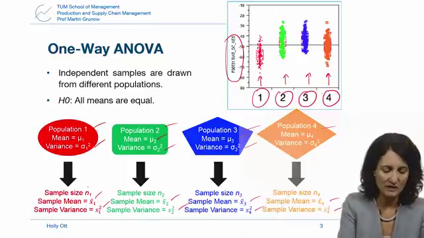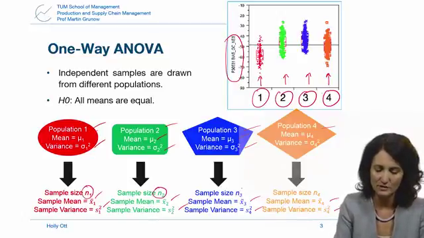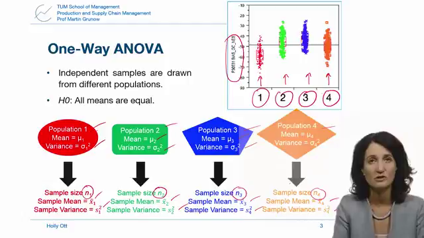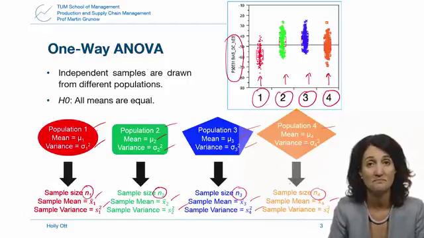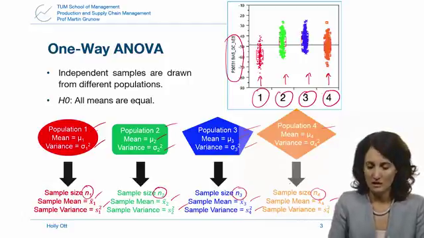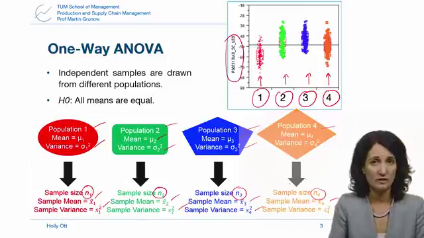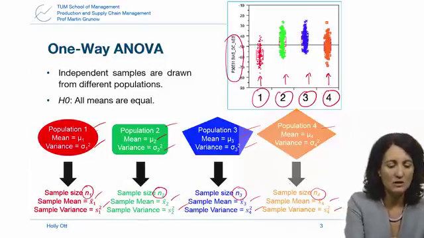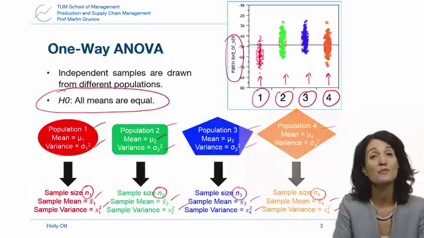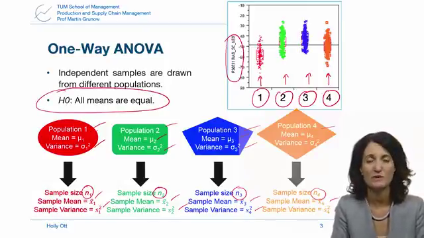Here we're showing you can have different sample sizes. That's also possible, although in this lecture we're going to assume the sample sizes are the same. Often in this lecture, we'll refer to these populations' differences as treatments, and the null hypothesis here is that all the means are equal, that there's no difference. We have to prove with our samples that they are statistically different.